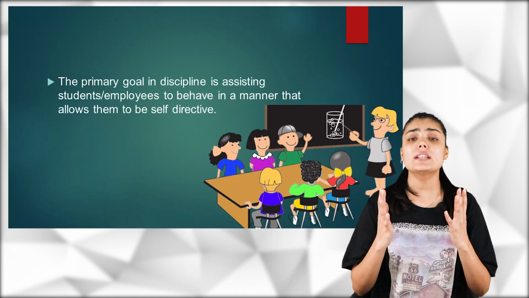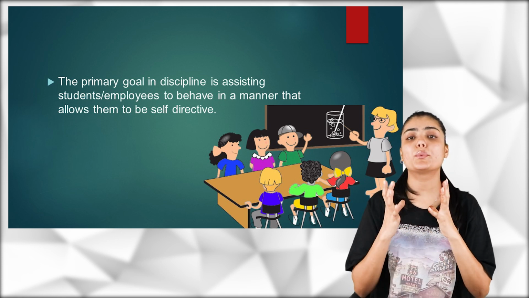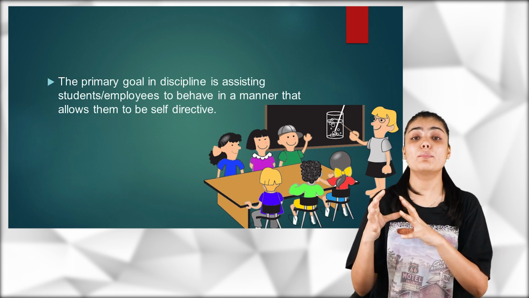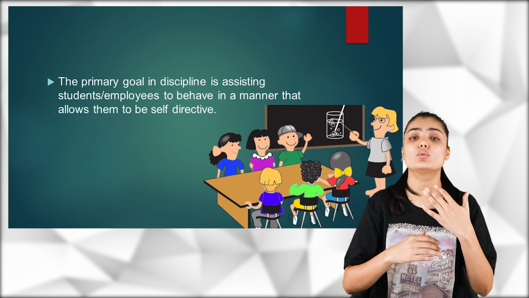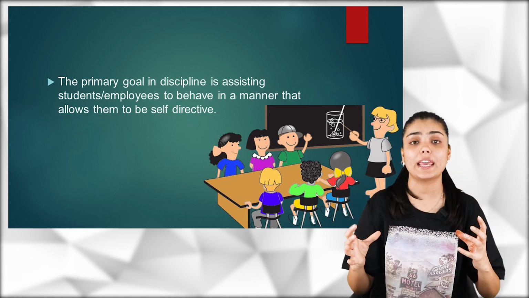So in order to have control over people around, discipline is usually followed. Now, what is the primary goal of following discipline? The primary goal of discipline is to help the students or the employees of a certain organization to follow a certain code of behavior, a particular way of behaving.